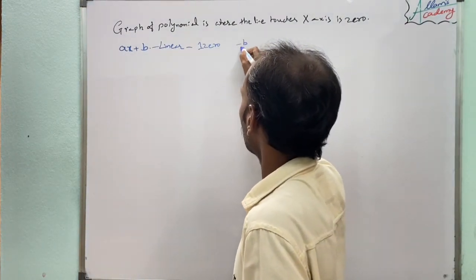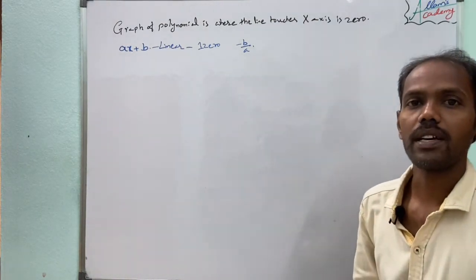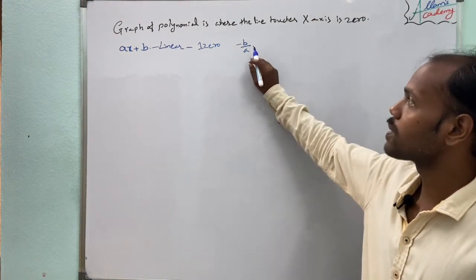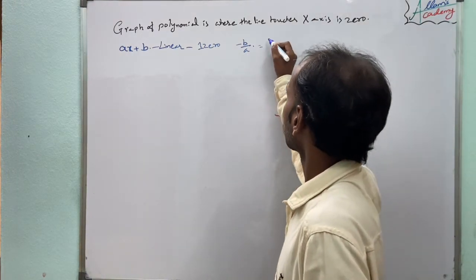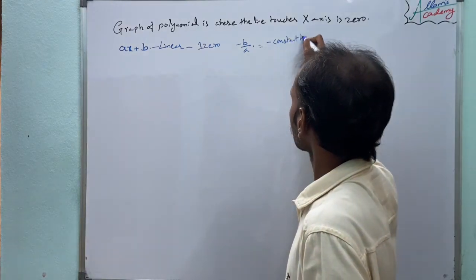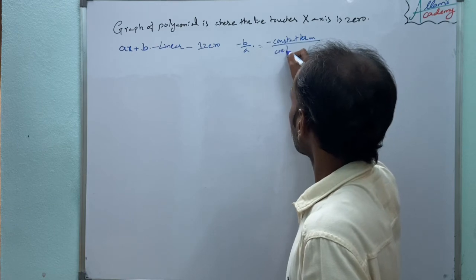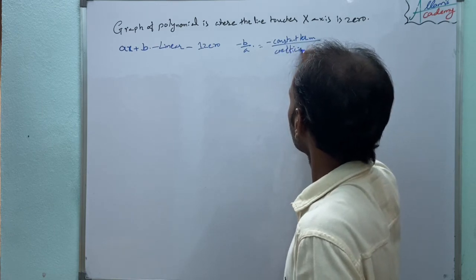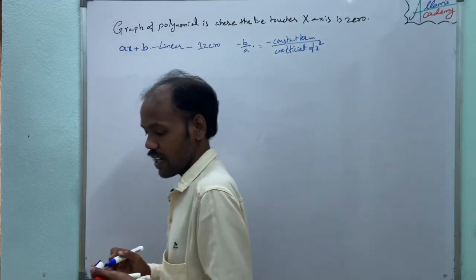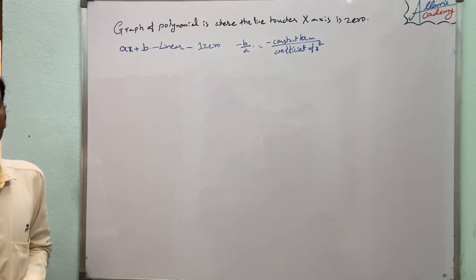Minus b by a, at this place. So at minus b by a we get the zero. Minus b by a means it is nothing but minus the constant term by the coefficient of x.